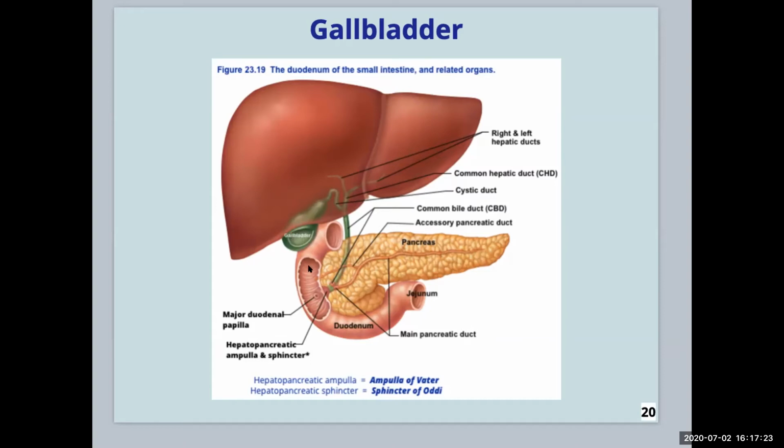But when the fatty content in the small intestine is sensed, a signal is sent to the gallbladder, telling it to squeeze and contract to release that bile down the biliary tree into the duodenal lumen. So that means the fattier the food you eat, the more the gallbladder is going to squeeze and try to release more bile.